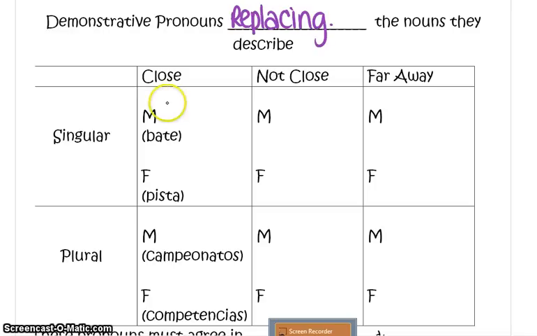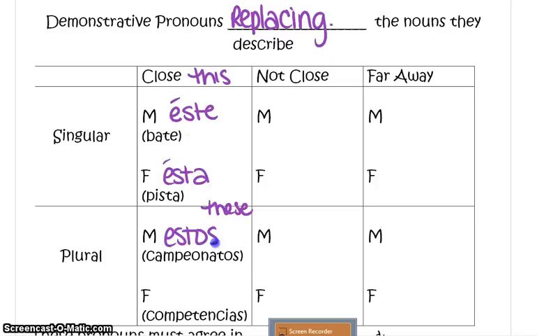So when something's close, meaning this or these, it will be este, esta, estos, or estas.